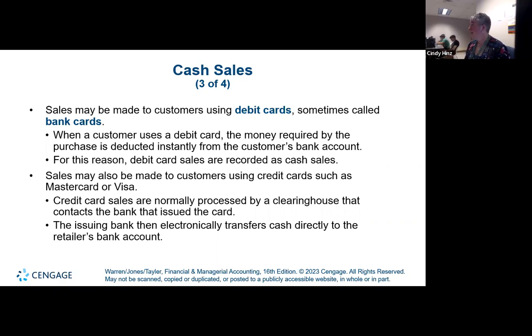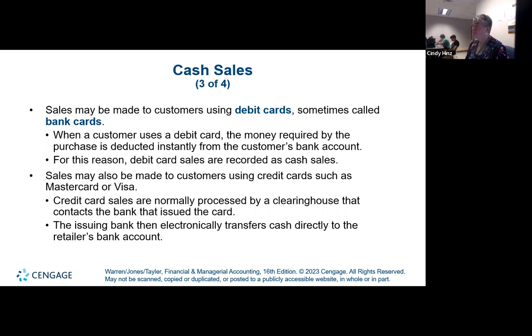But if they use credit cards, as I already showed you, as we get farther toward the end of the exercise, we are going to have a fee for that clearinghouse that is going to be a percentage, generally between 2 and 6% of the total sale. And again, that cash from that sale is going to be available almost immediately for the seller to use.